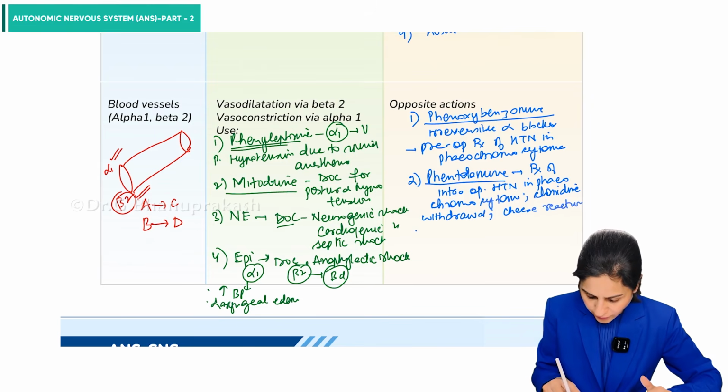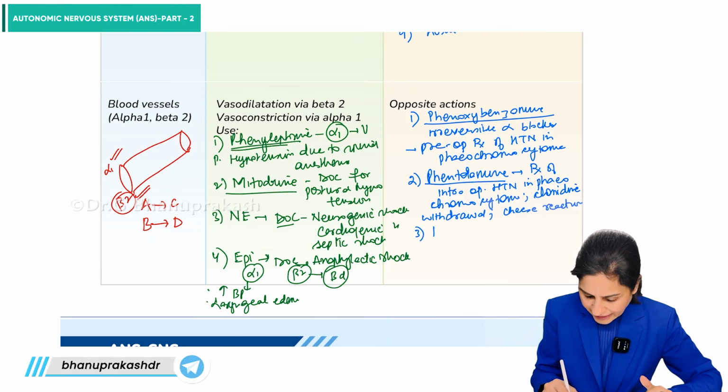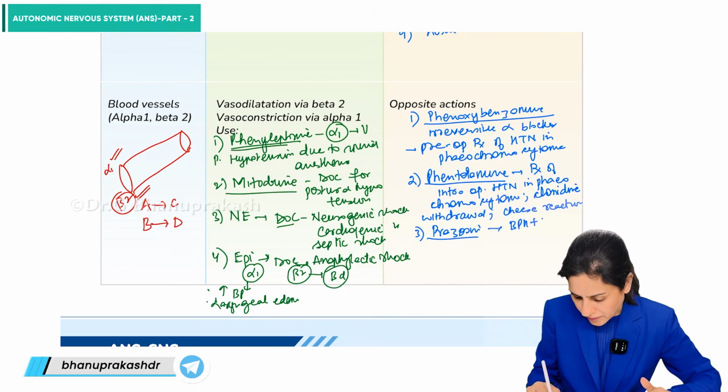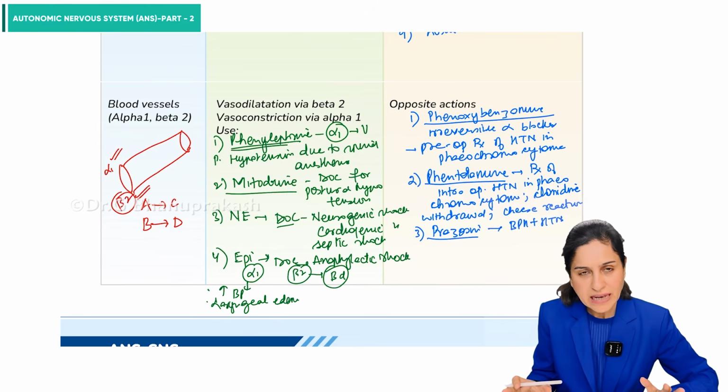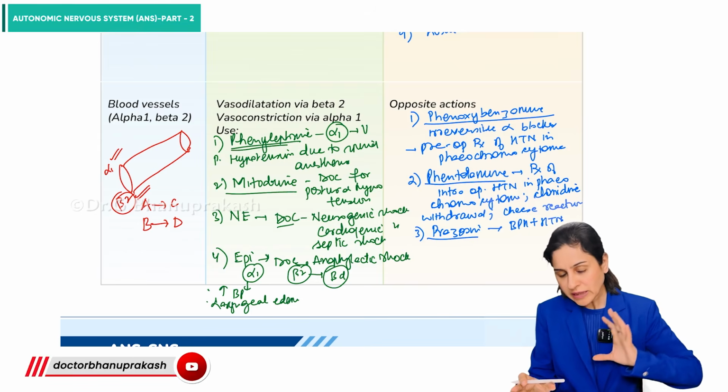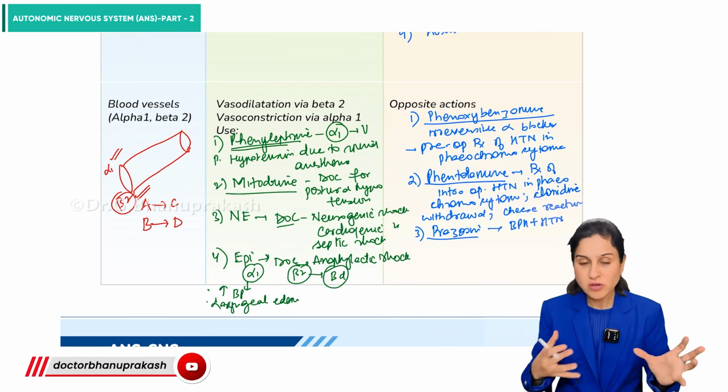All right. Number 3, we have selective alpha blockers like prazosin. It can be used when there is benign hypertrophy of prostate along with hypertension. If there's only benign hypertrophy of prostate, then you will give selective drugs like tamsulosin or silodosin.